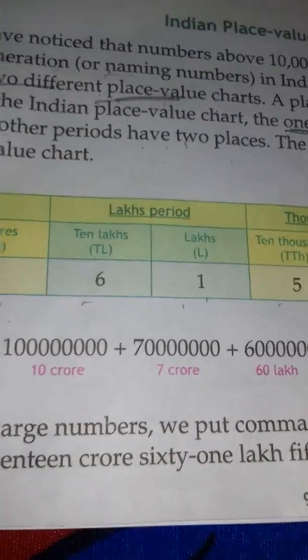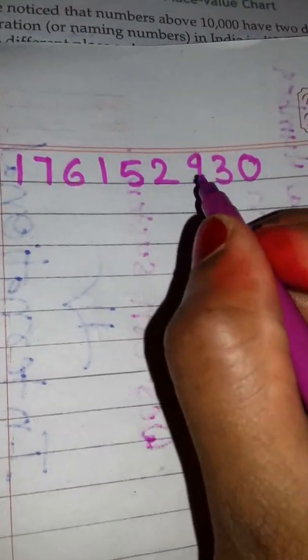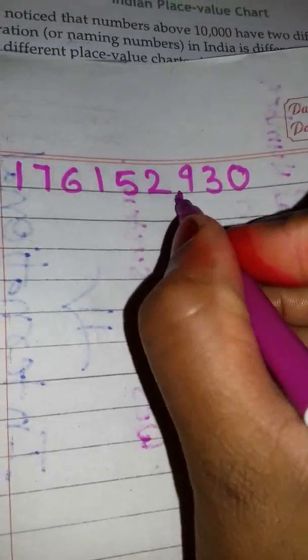Let us see how. As this large number we had, how will we put the commas according to its period? We will start from the right side. Ones period has 3 places, means 3 digits. So 1, 2, 3, put a comma after 3. So this is ones period.